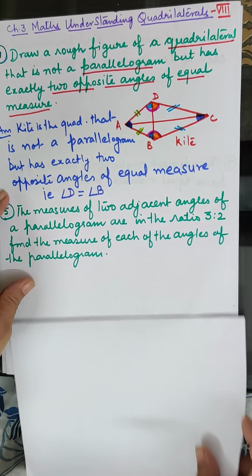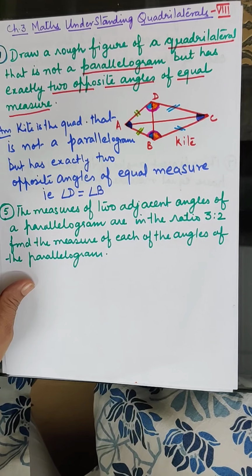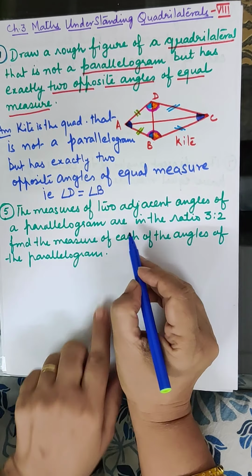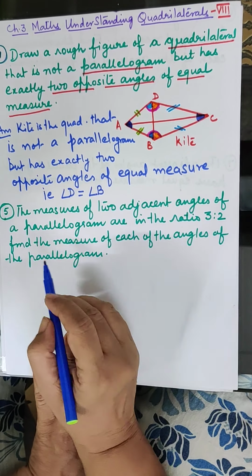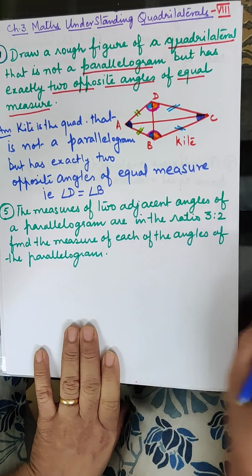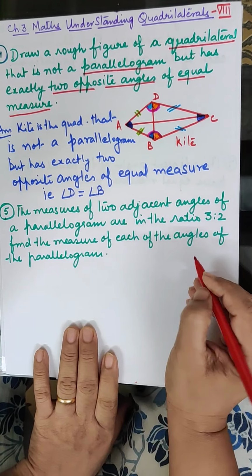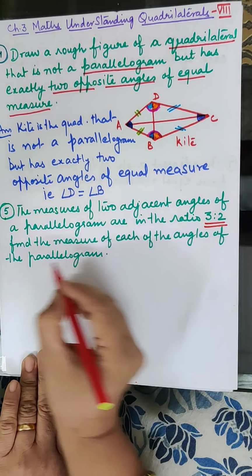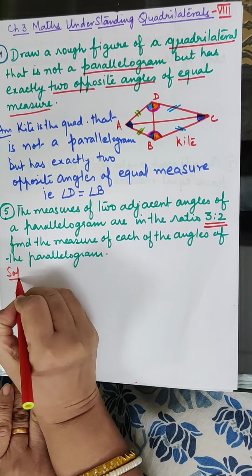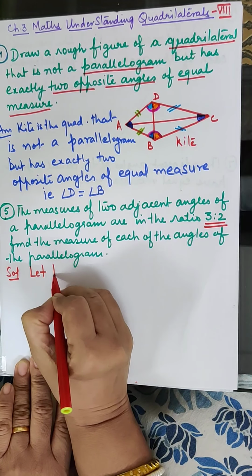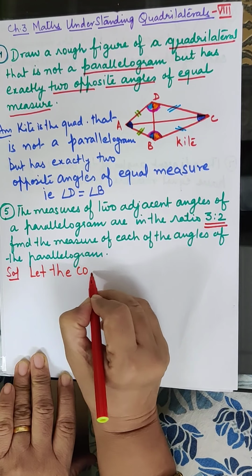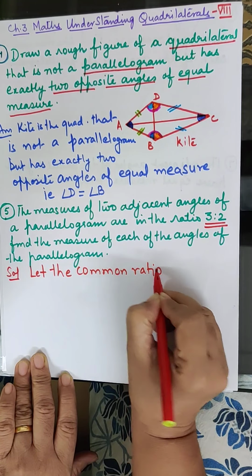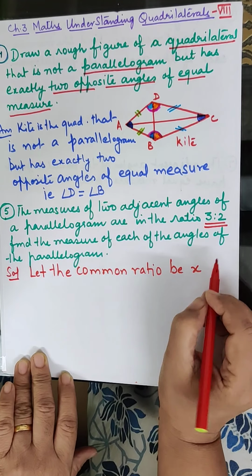All right. Now coming to question number 5. The measures of two adjacent angles of the parallelogram are in the ratio 3:2. Find the measure of each of the angles of the parallelogram. See, whenever the ratio is given, you assume the common ratio to be x.